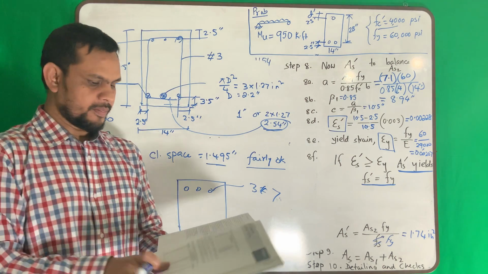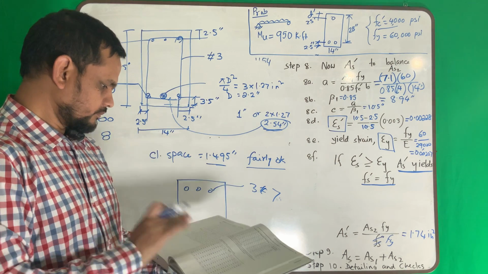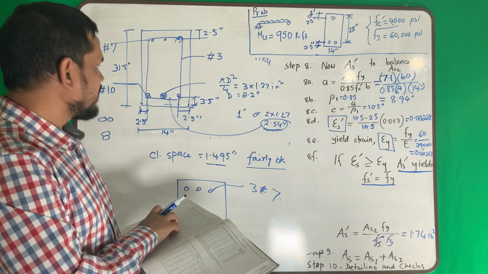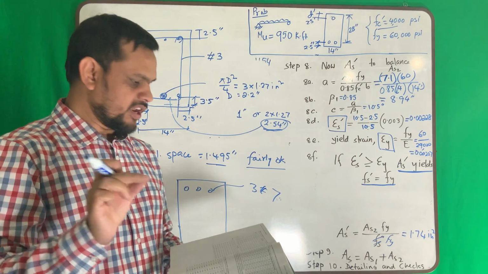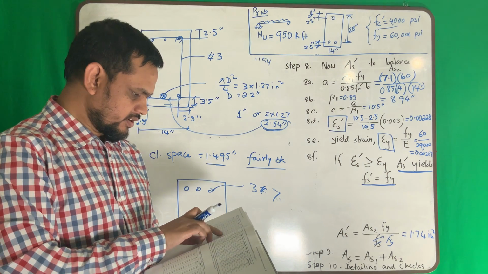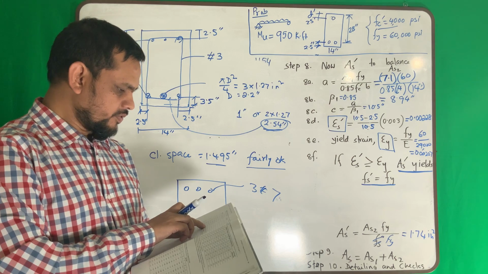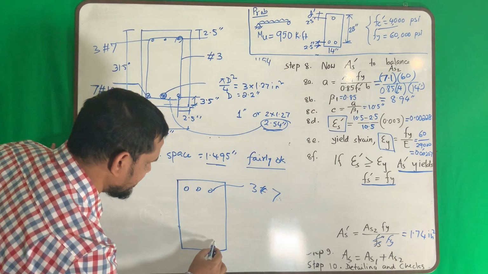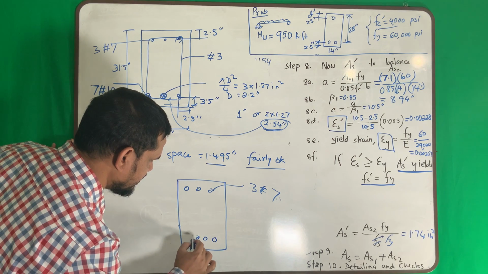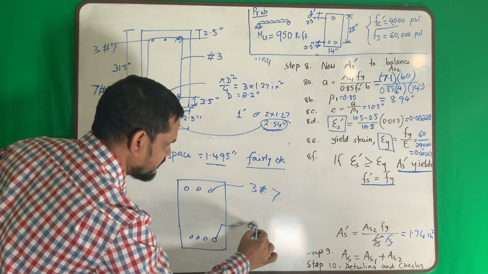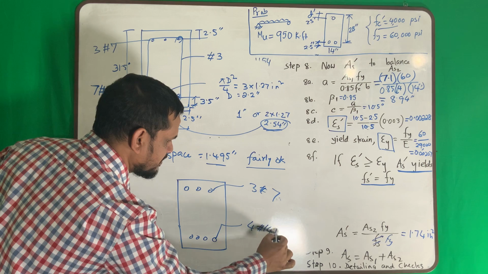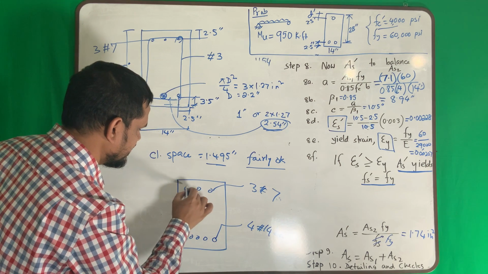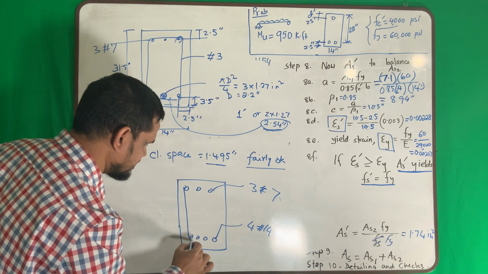I need to provide total, if you can remember, 8.84 inch square. 4 number 14. If I provide here 4, 1, 2, 3, 4 number 14 bar, then I think I will have sufficient space.